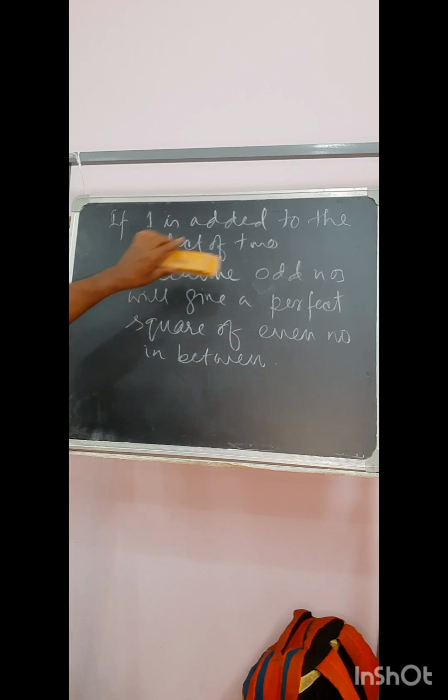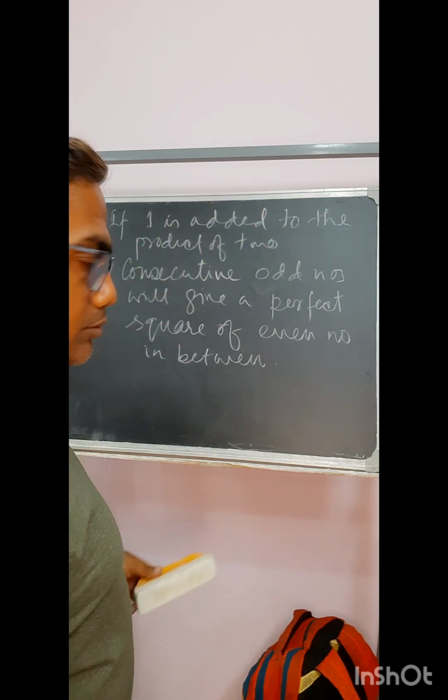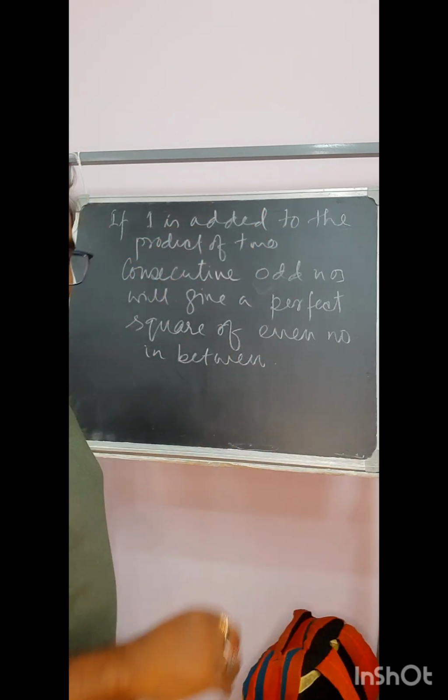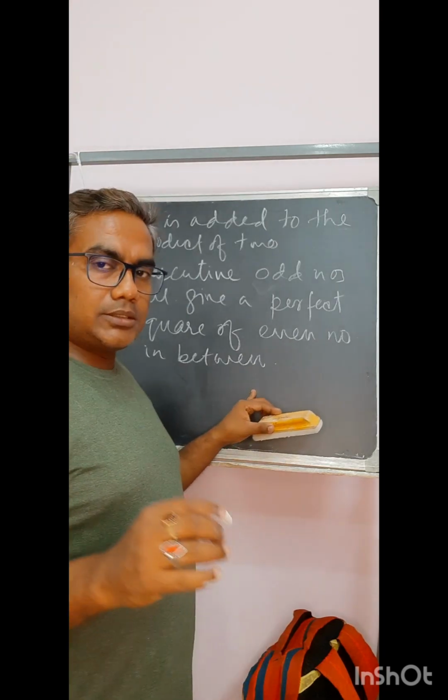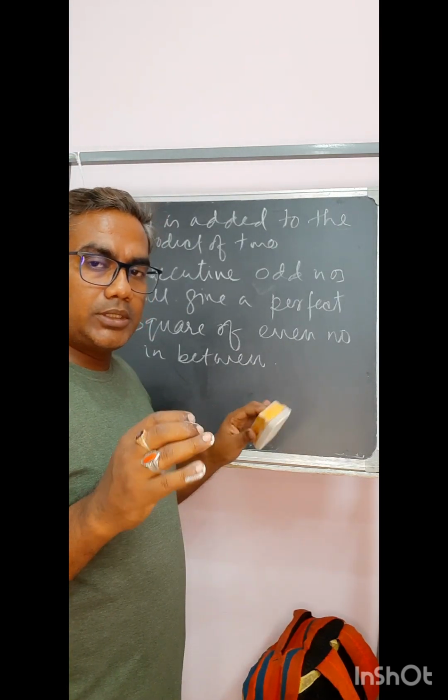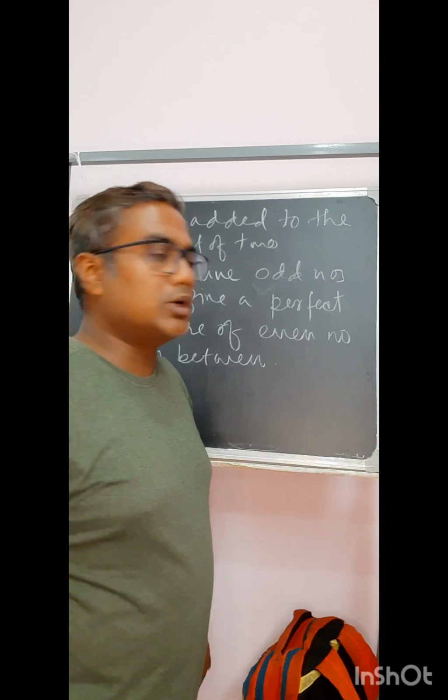That means if I take two consecutive odd numbers, multiply them and add 1 to that, I will get the square of the even number which lies between those two odd numbers.